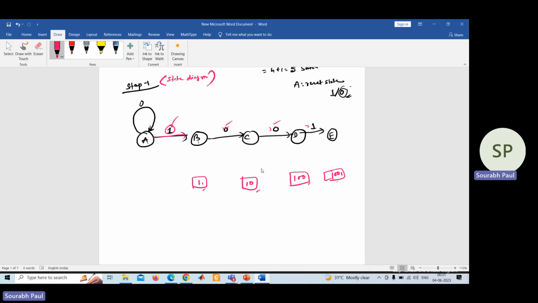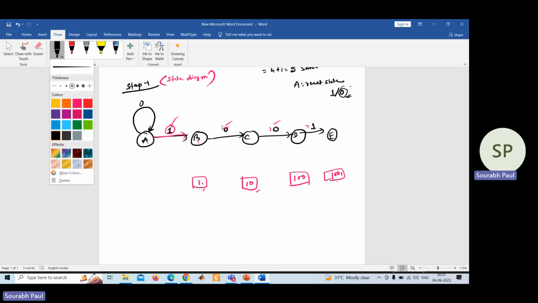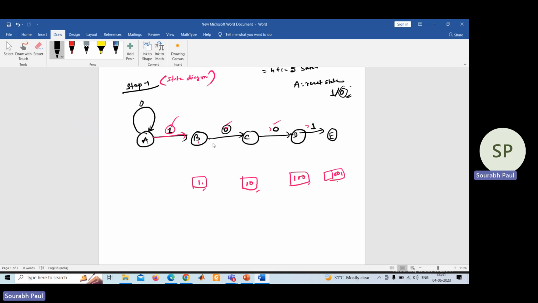Okay, so come to B. For B, what have you already considered? You have already considered the input of 0. What you didn't consider is 1. So if you consider input 1 from B, to which state you need to go, that you need to decide. How to decide? Whatever you have written for B in the square box, 1, you need to first copy here.